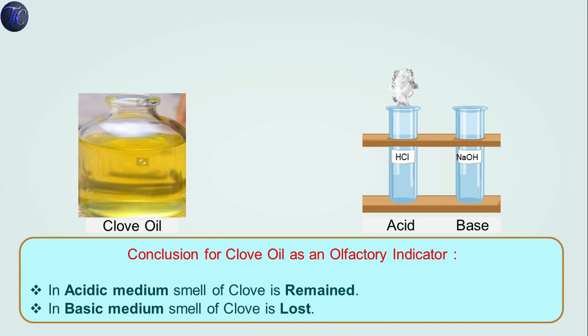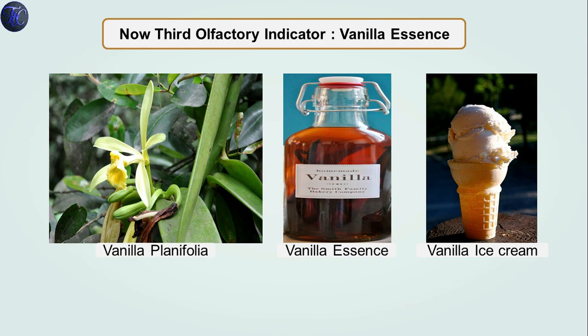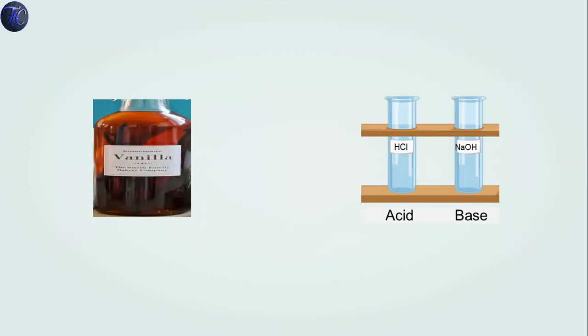Now let's see our third example, that is vanilla essence. Vanilla essence is extracted from the plant Vanilla planifolia, and we use vanilla in our ice creams also. Again we do the same activity as with clove oil. With a dropper, add a few drops of vanilla essence in HCl solution and observe the smell.